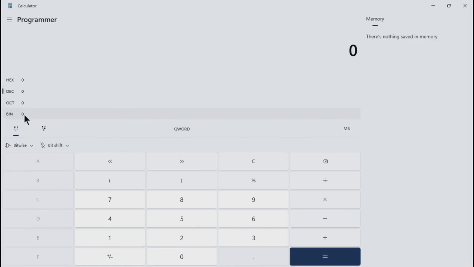If we're talking about bits, we're talking about a binary number. All right, so I'll select binary, and that means each bit is going to have to be a 1 or a 0. If we just had a 1-bit number, look here where it says decimal. The highest number we could store would be a 1. If we had a 2-bit number, the highest number would be a decimal 3.